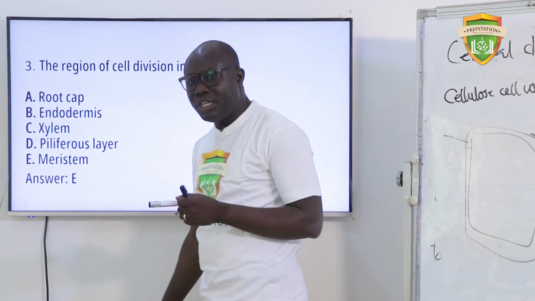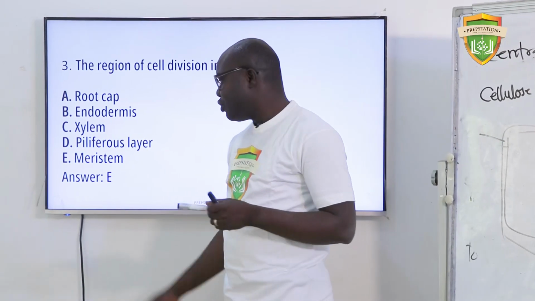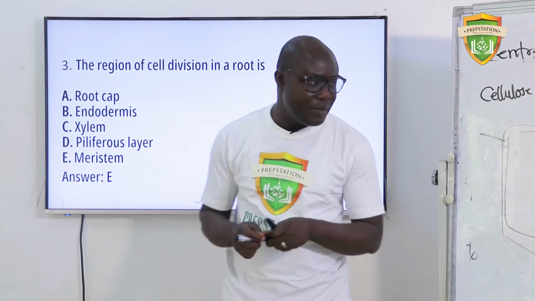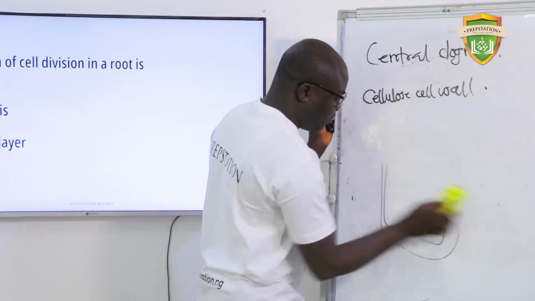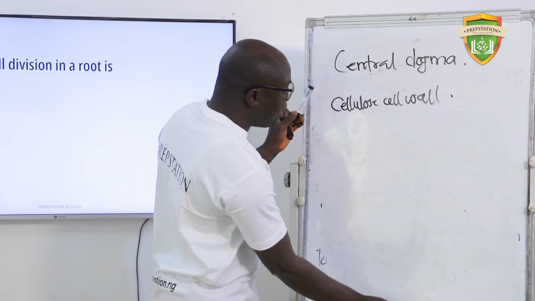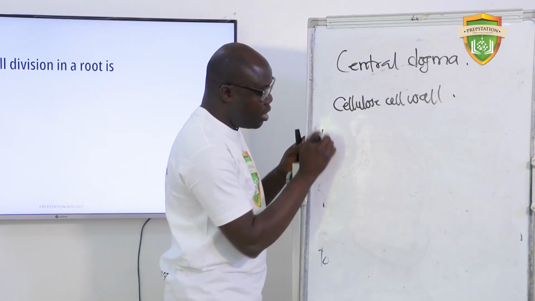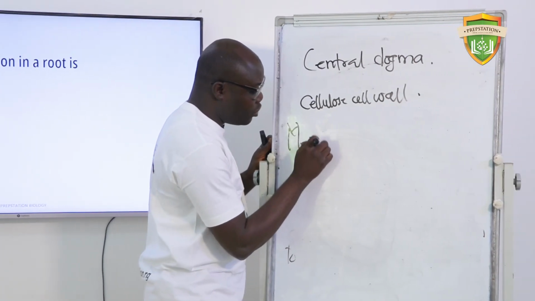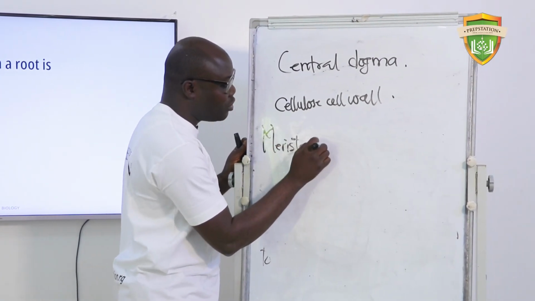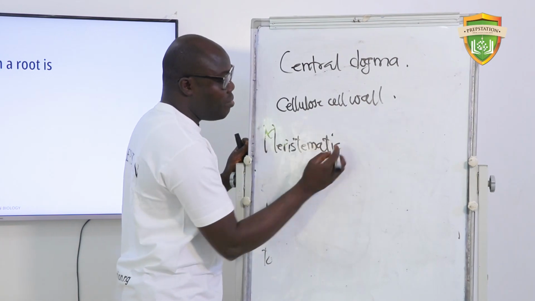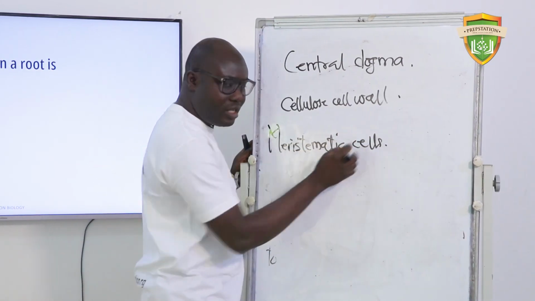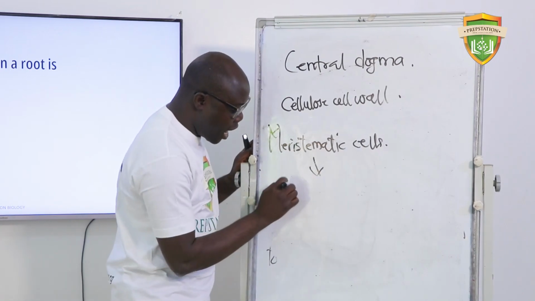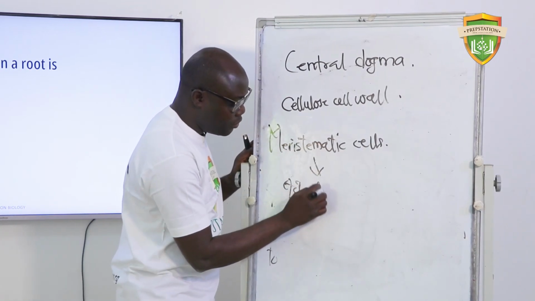Meristem is not a popular word in biology, but when you hear meristem, the word meristem means actively dividing. So those cells found at that region are said to be meristematic in nature. So they are called meristematic cells because they are actively dividing cells.